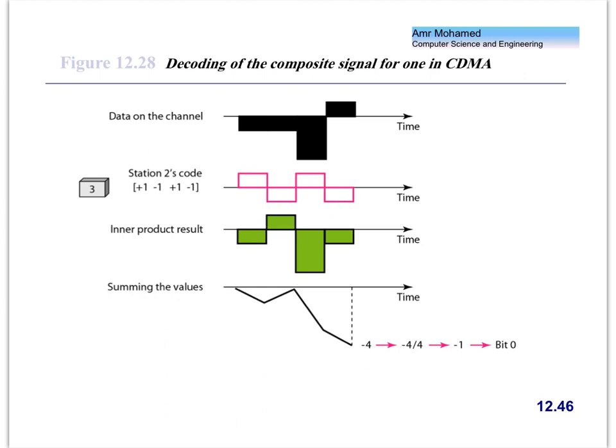In terms of signal representation, it looks like this. Then we multiply this code by the composite signal. So 1 times -1 is -1. -1 times -1 is 1. And then -3 times 1 is -3. And then -1 times 1 is -1.